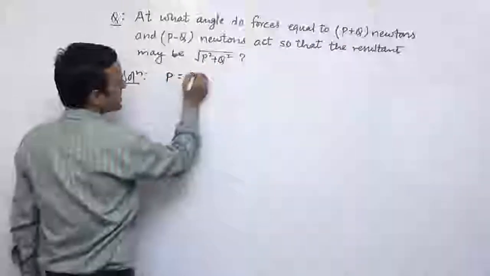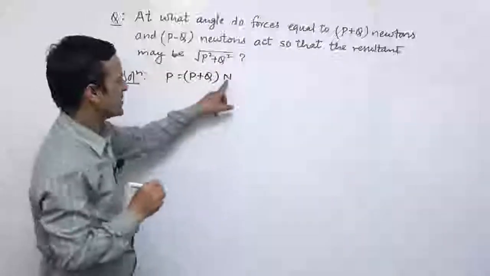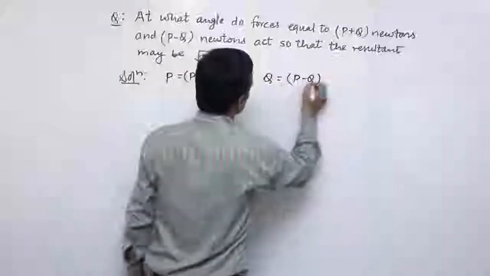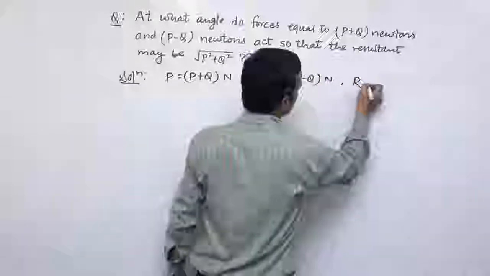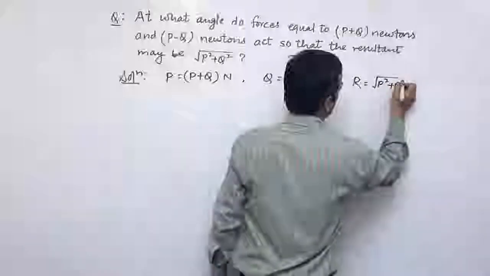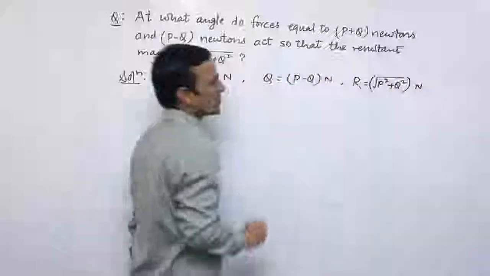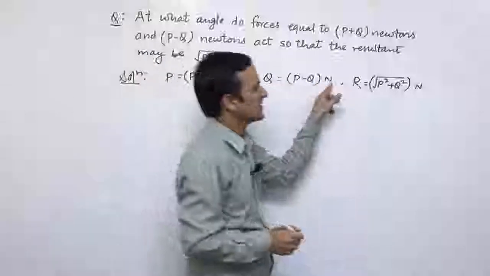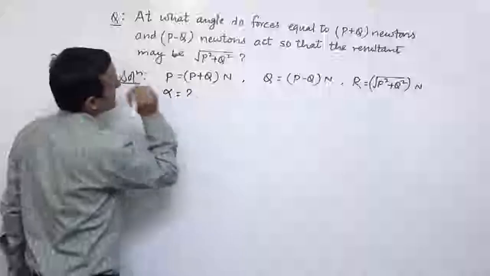Force P is P plus Q Newton, and force Q is P minus Q Newton, and the resultant R is root under P square plus Q square Newton. All are forces, so write Newton everywhere.